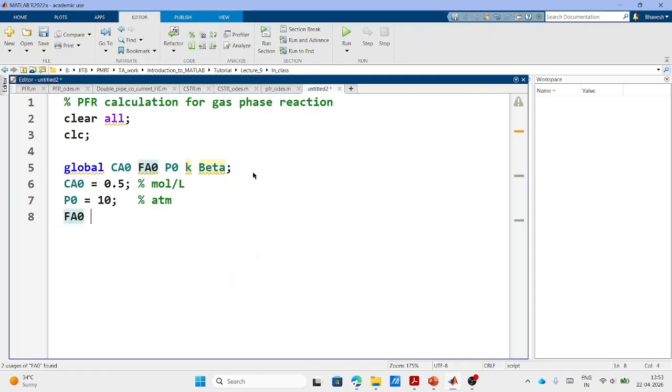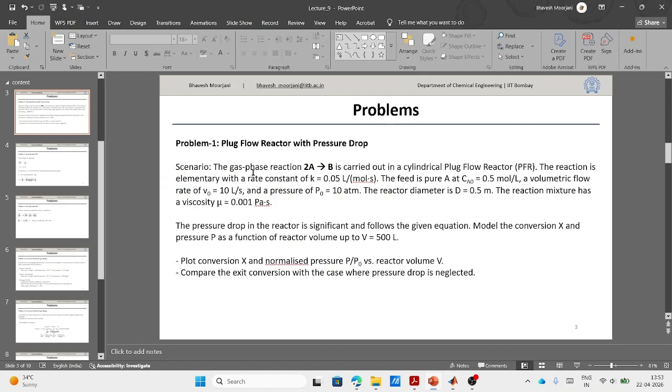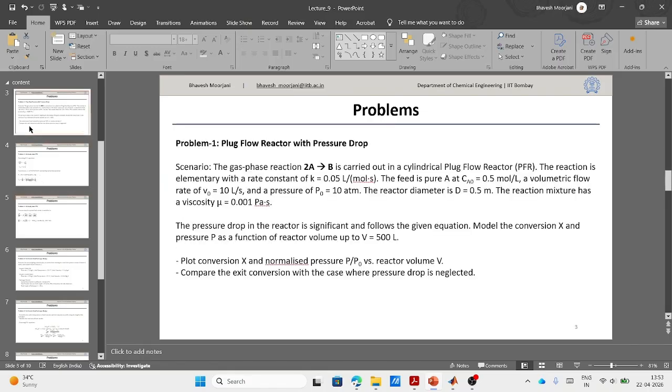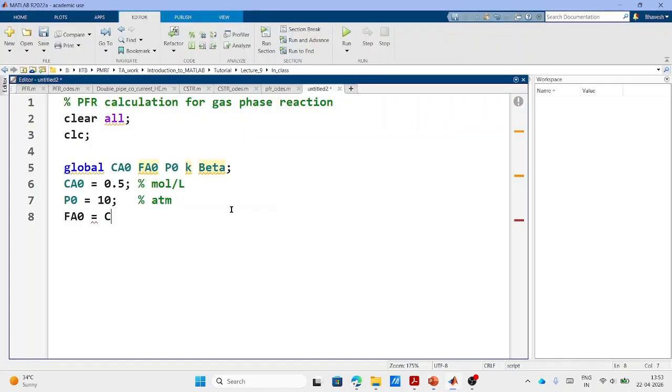Then FA0. The FA0 value is given by V0 into CA0, so you don't have to write it: CA0 into V0. This many mole per second.